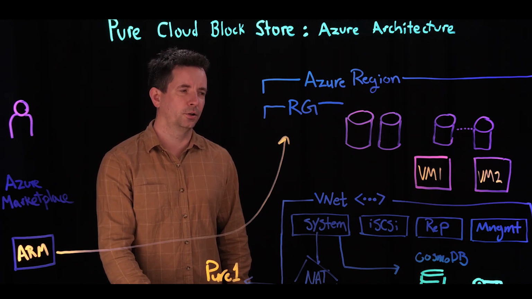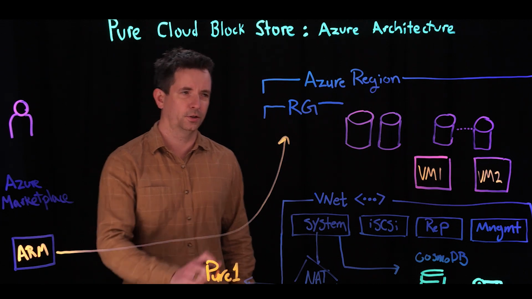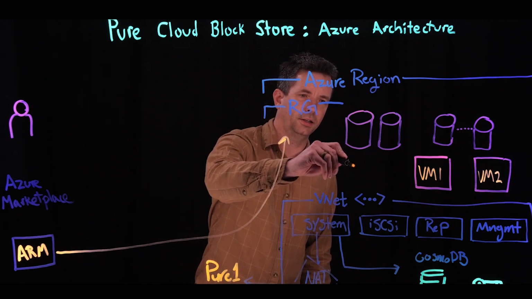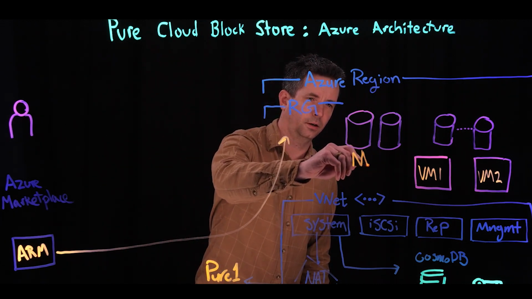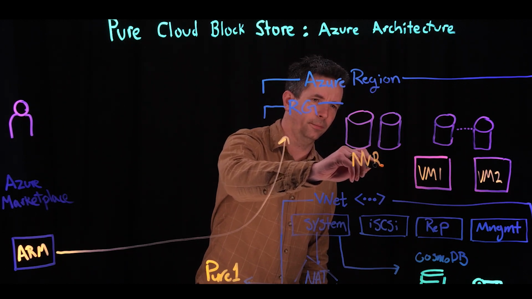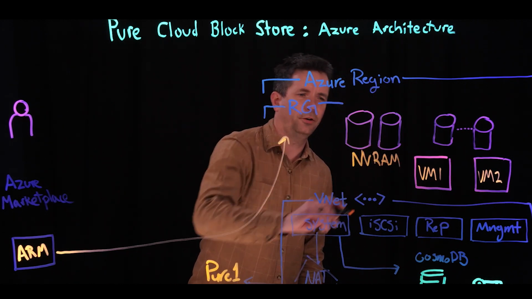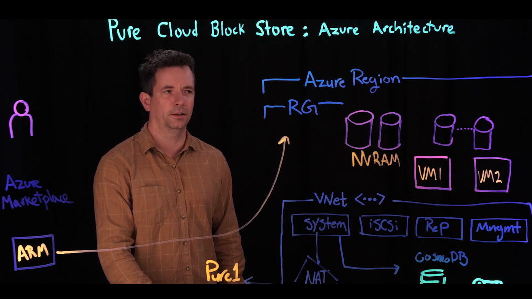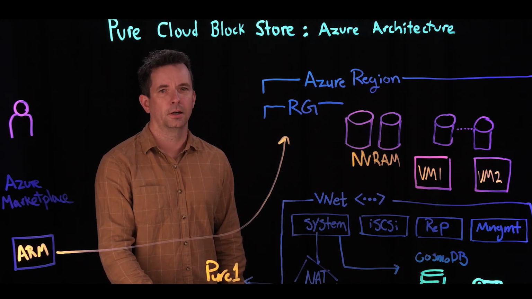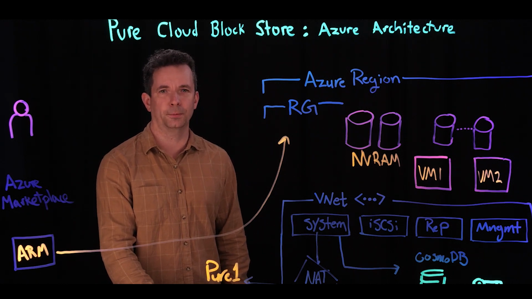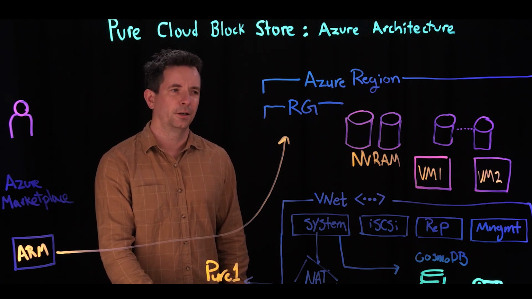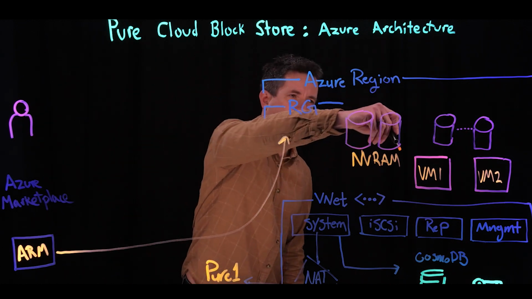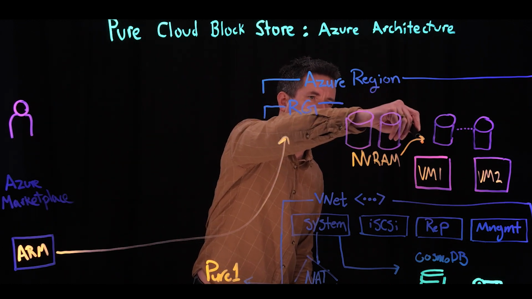In addition to those two controller VMs, we also set up two Ultra SSDs, and those serve as our NVRAM modules. NVRAM is where writes are acknowledged back to a host that you've connected up to the Cloud Block Store instance. It's also where we do things like pattern removal, compression, encryption, all that good stuff. And then eventually we stage that data down to additional Ultra SSDs.